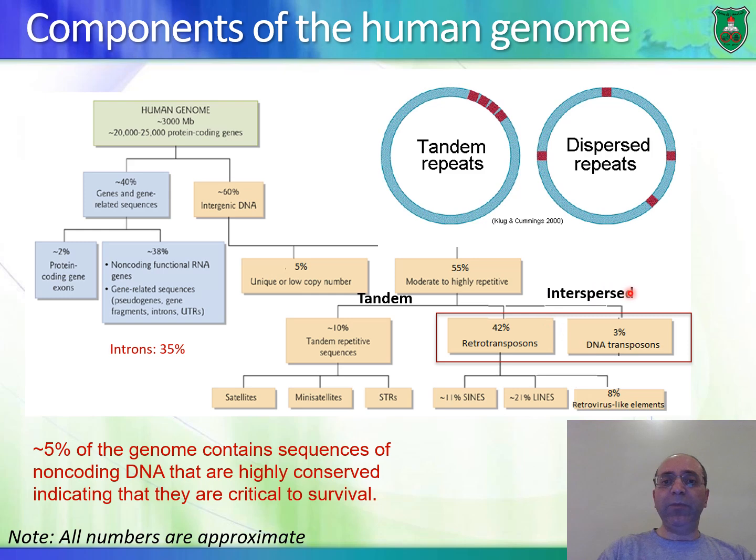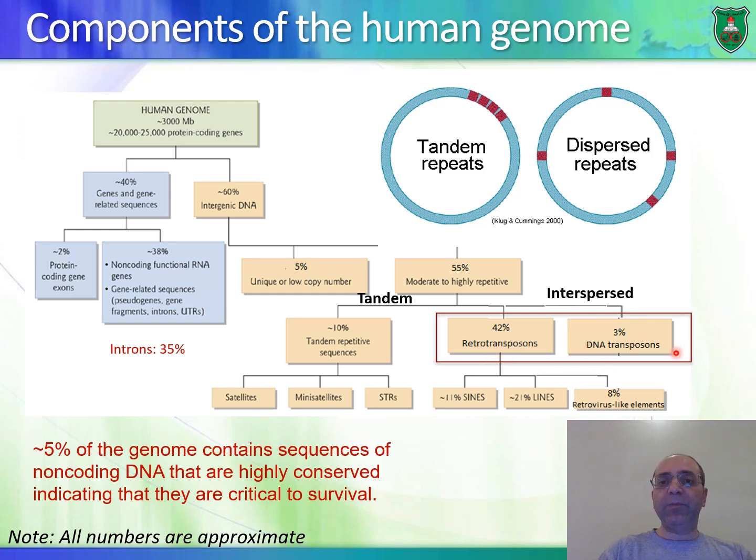Now these repeats are divided into two types as well. The majority is what is known as retrotransposons, and we'll talk about these at the end of this lecture. Whenever you hear the word retro, you know that the source of the sequence is retroviruses, that is viruses with their genetic material being RNA.